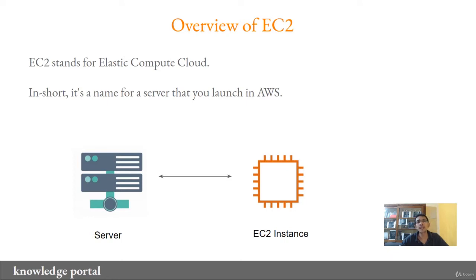Tomorrow you can resize that server to 64 GB of RAM. Or maybe the day after tomorrow you can scale the server down to maybe 1 GB of RAM. That aspect in which you can resize the server is what is referred to as elastic here. So that's the reason why it's called the Elastic Compute Cloud.